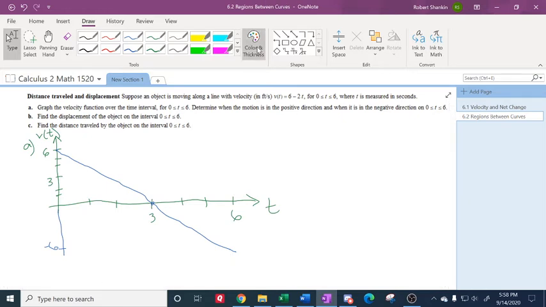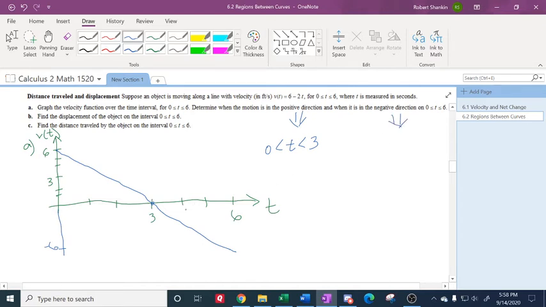All right, so when it's going in the positive direction is when t is between 0 and 3. Because as long as the velocity is a positive number, above the x-axis, then you have positive velocity. That's going in a positive direction. When is it going in the negative direction?